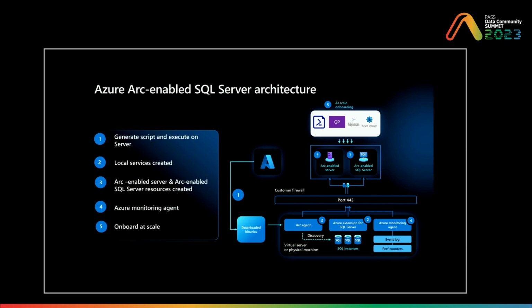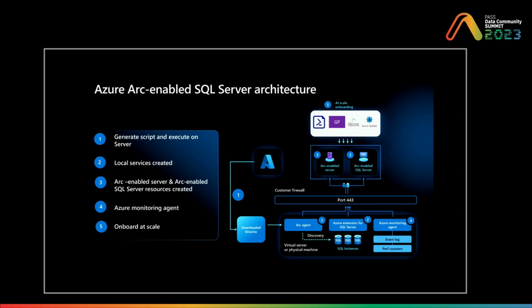As soon as the guest agent is installed and the Arc server resource created, it automatically detects that the SQL Server is deployed on that box. Then it also installs the SQL Server extension for you, and it will create an Arc SQL Server resource for you automatically. So we streamlined the onboarding of Arc SQL Server completely in an automated way.